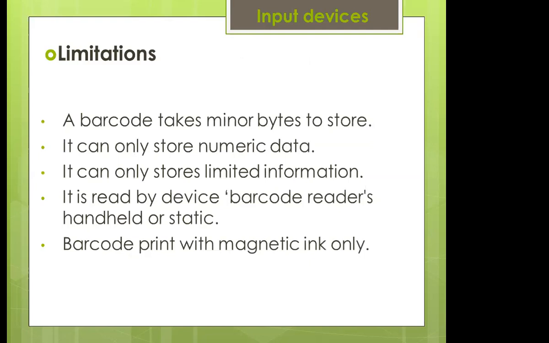It can only store numeric data, the details in numbers. You cannot store multiple images and so on. There is another technique, QR codes, that we will study in future lessons, where we can store multimedia information also. It can only store limited information: price, detail, product name, and that's it.